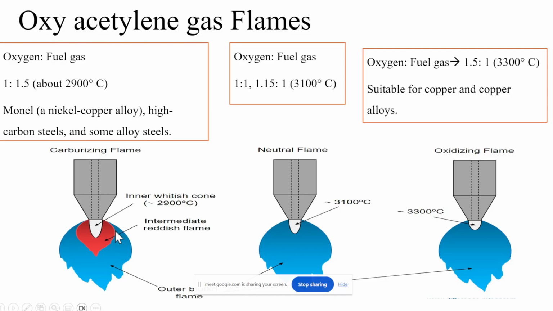We can use this for surface alloying with carbon, surface hardening, hard facing, and some alloys where carbon sensitivity is not a big issue, like nickel copper alloys and high carbon steels.